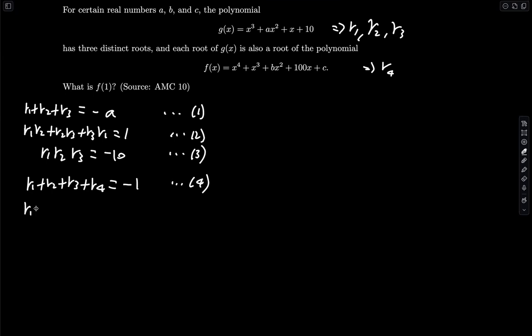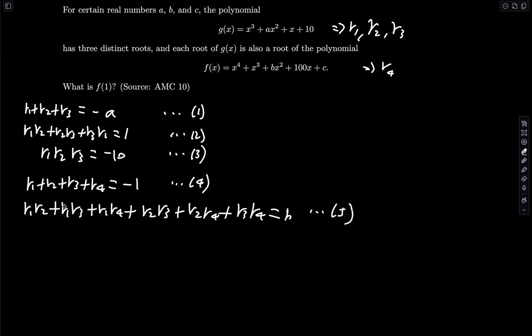And we know that r sub 1 times r sub 2 plus r sub 1 times r sub 3 plus r sub 1 times r sub 4 plus r sub 2 times r sub 3, and so on. I think we should get 6 terms, and this is equal to b. That's the fifth equation.